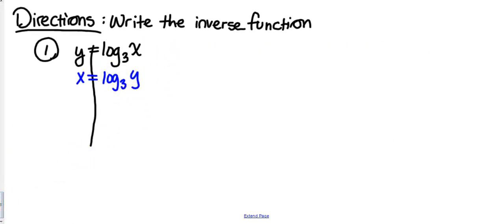So if I see log base 3, I am going to do 3 to the x equals 3 to the log base 3 of y. We just raised both sides up using the same base, and in this case, that same base is 3.